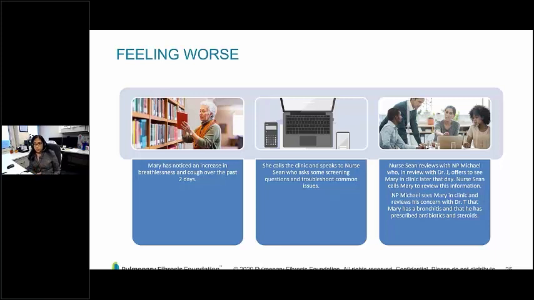So the NP sees Mary in clinic and reviews his concern that Mary has a bronchitis and that maybe she needs antibiotics and steroids. So this is all done by NP Michael and reviews that with the physician. So not at every visit does the patient see the physician, but that communication, I think, even if you're not seeing it happen, is constantly happening between the advanced practice providers and the physicians.